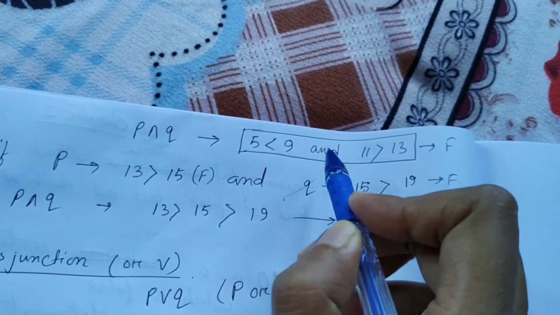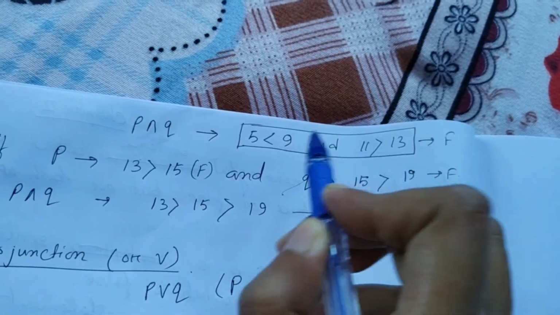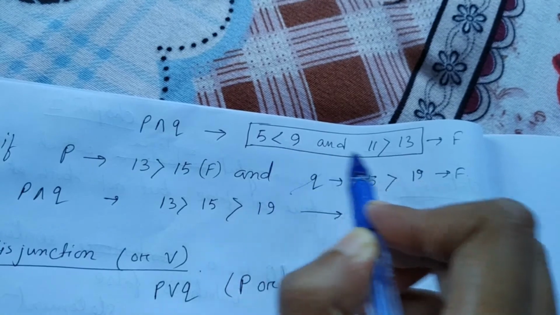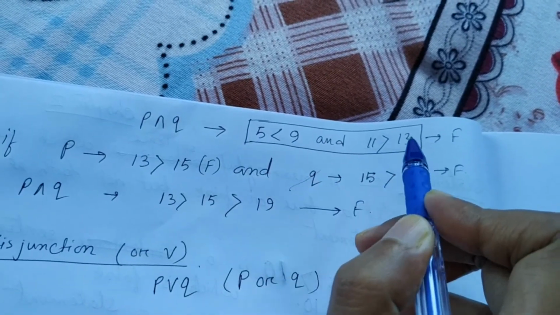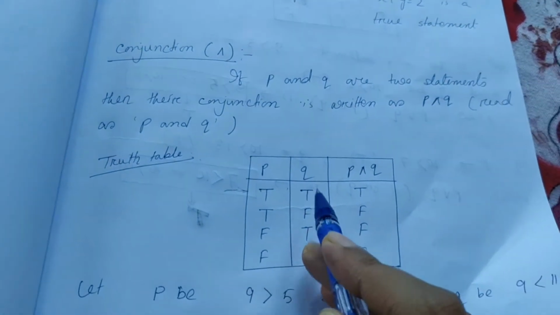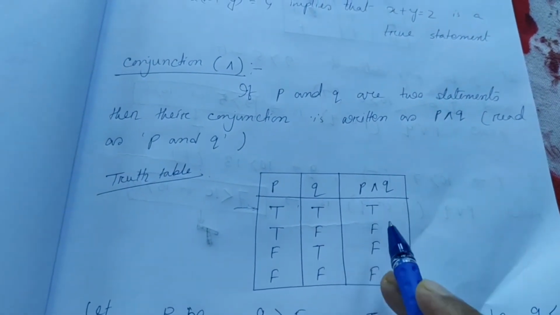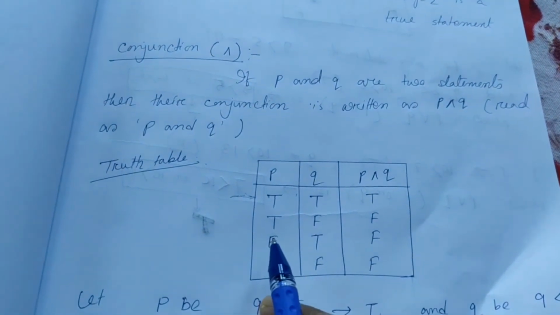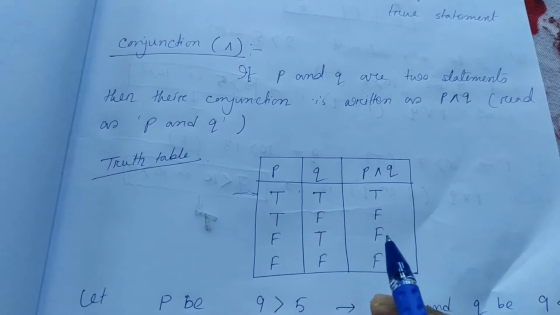This is AND. I have combined these two statements using the word AND. So if I say this statement as a whole, then it is a false statement. So ultimately, if I say P is true, Q is false, then I will get P conjunction Q as false. Similarly, you can prove that P is false, Q is true, you will get false.